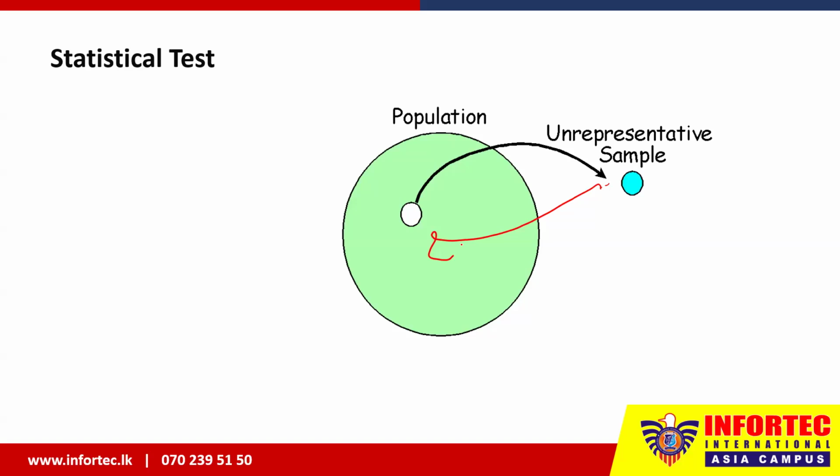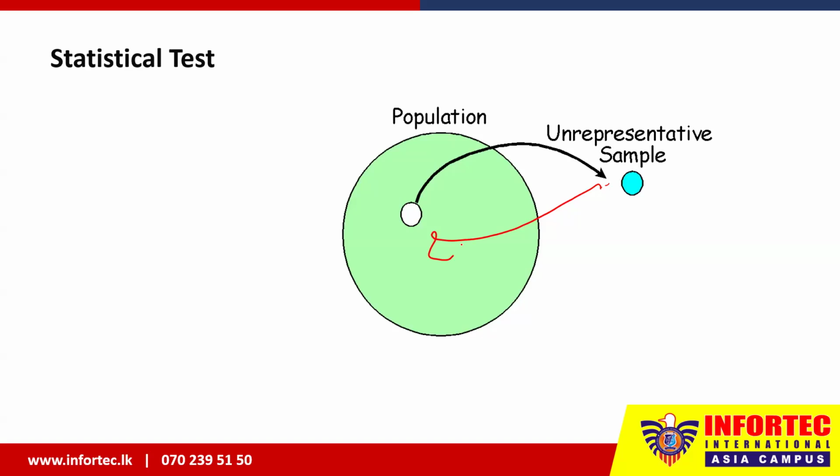As an example, a population may consist of various behavior patterns, like drug addicts, smokers, alcoholics, and various other behaviors. But if your sample consists of only drug addicts, your conclusion would be that all individuals in the considered geographical area are drug addicts. But the population consists of not only drug addicts but smokers, alcoholics, and a lot of other behaviors. So your sample should always be representative.